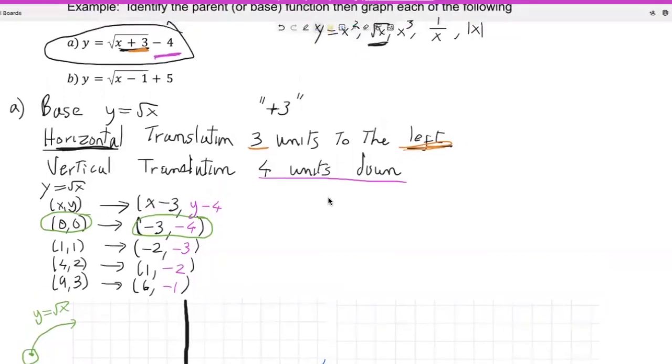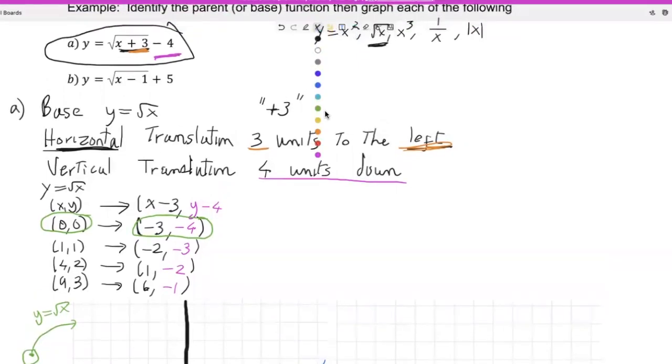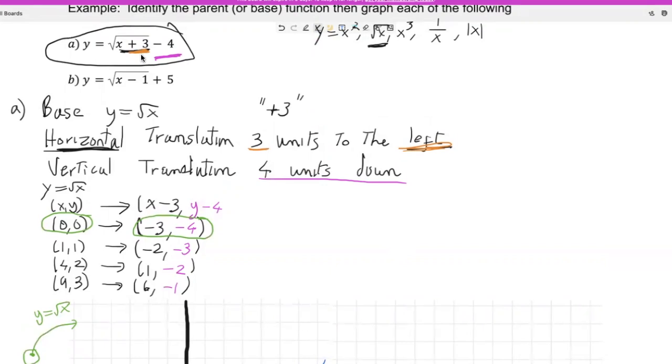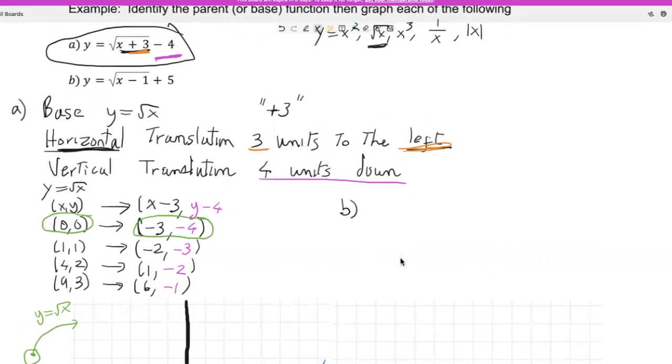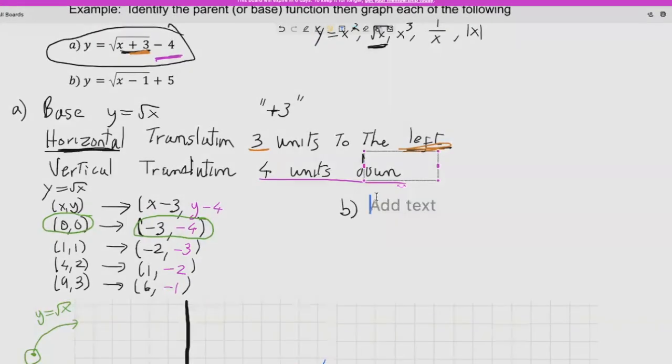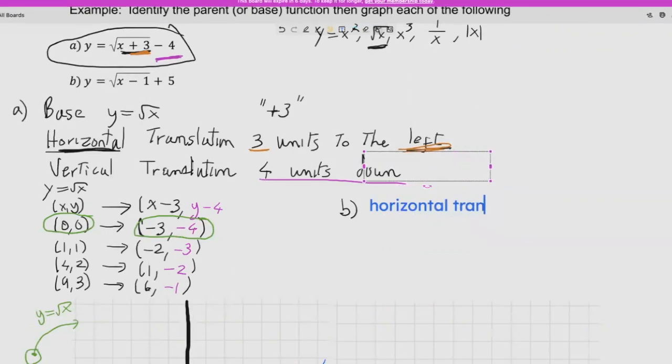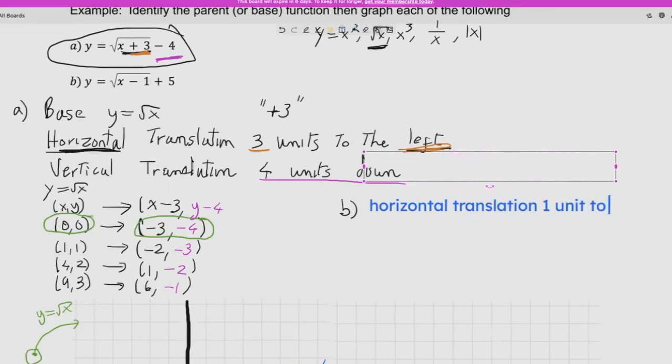Okay, so let's look at B now. Right away, I see that inside of the root, we have x minus 1. For part A, I told you that plus 3 meant a horizontal translation 3 units to the left. So when I do B, having a -1 means a horizontal translation, and a minus means to the right, 1 unit to the right.